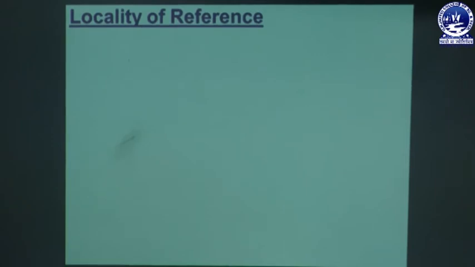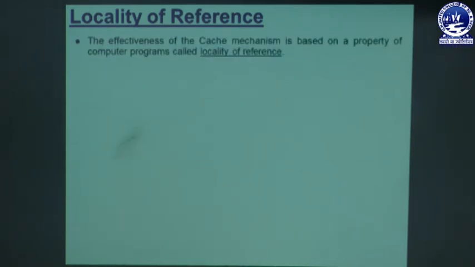Next slide is about the locality of reference. In the previous slides we have discussed the mapping functions, and in this locality of reference we will discuss a concept that is basically used to increase the effectiveness of the cache mechanism. In the mapping technique, we see that by using different mapping techniques you can map one memory block into a cache line.